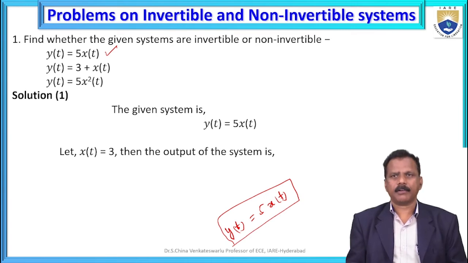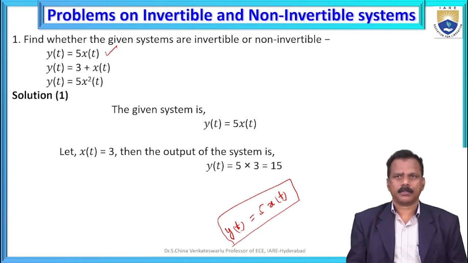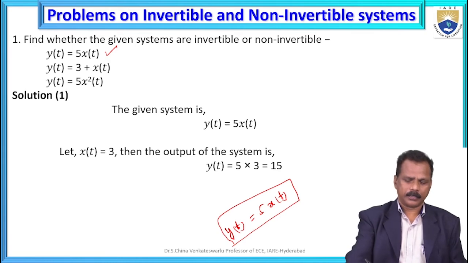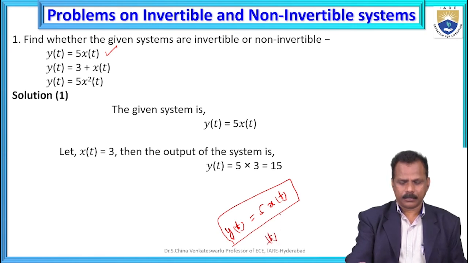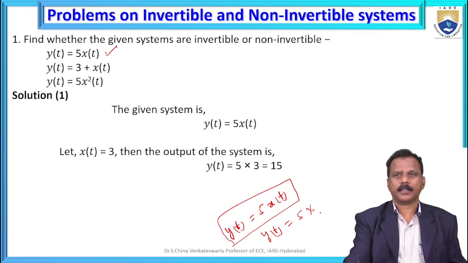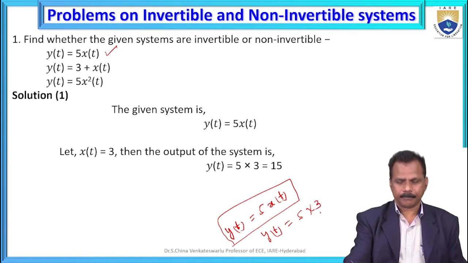Based on y of t, it is directly substituted: y of t is equal to 5 into x of t. What is the x of t value? x of t is given, that is 3. So 5 into 3, so here y of t is equal to 15.